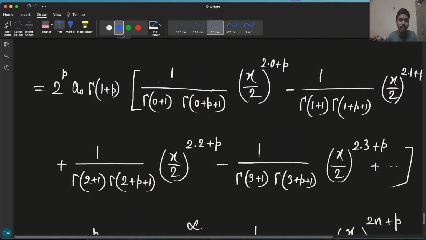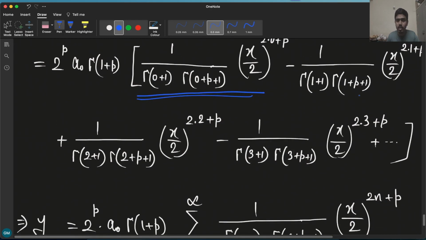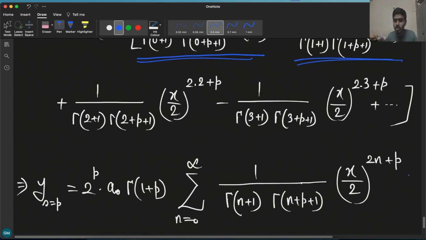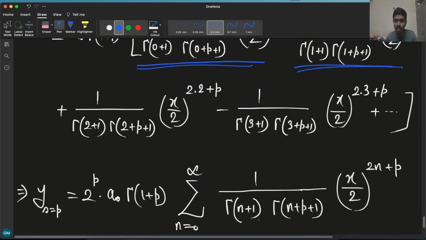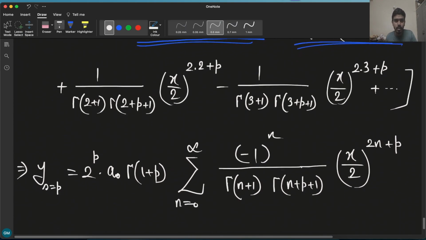So this is for n equals 0, you can see. Instead of n, if I put 0, then you will get this term. This is for n equals 1. If I put n equals 1, then you will get this term, except for the minus sign. So to compensate for this minus sign, I can write minus 1 whole to the power n.